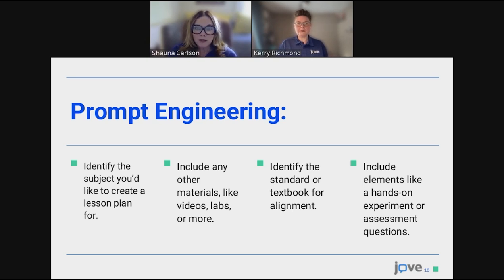We want to align to our state standard, whether you're in Texas and it's TEKS, or you're in multiple other states and you're aligning to NGSS. We can make sure we're aligning to that. And we want to include some hands-on elements as well. So what I'm going to do now is launch us into ChatGPT right away. And we're going to just start building this out.